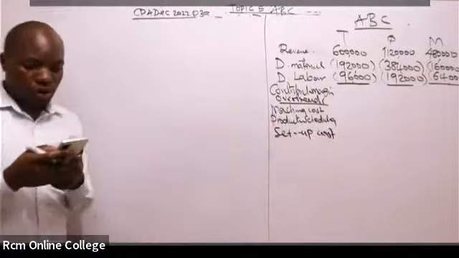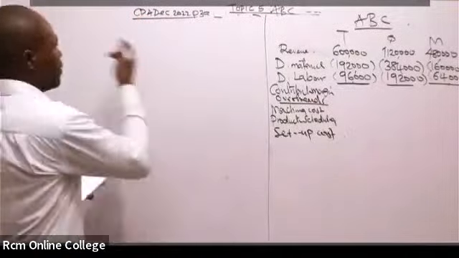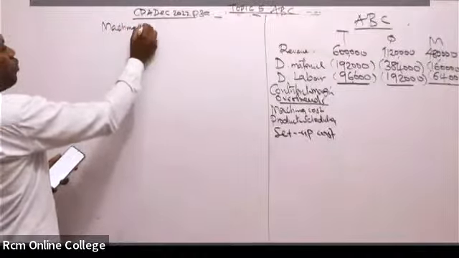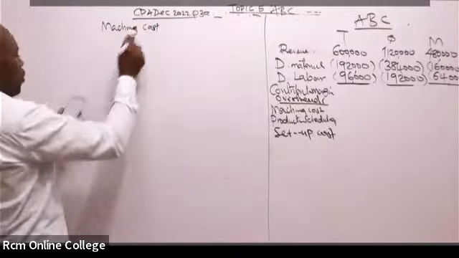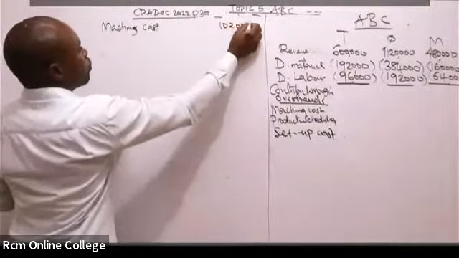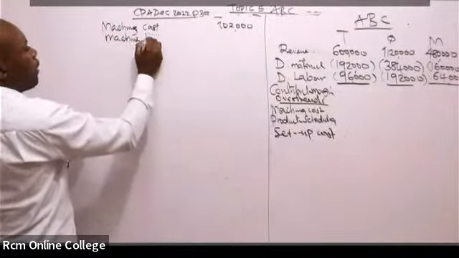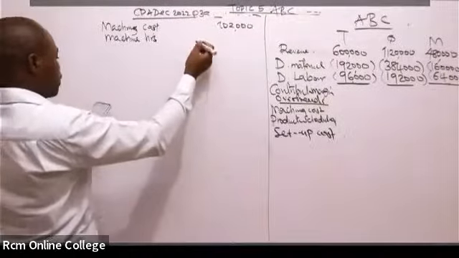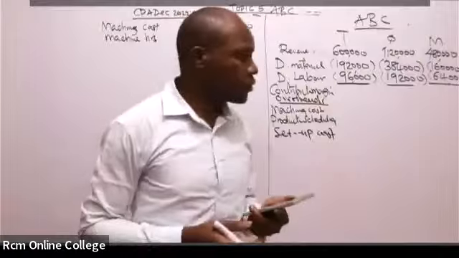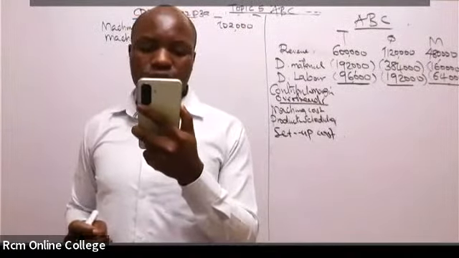So the machining costs, we are told to distribute it based on the machine hours, right? So we have machining costs of 102,000. We are told to distribute it based on machine hours. What is the total machine hours? Look at our question.